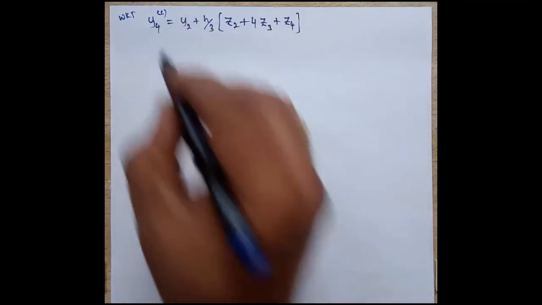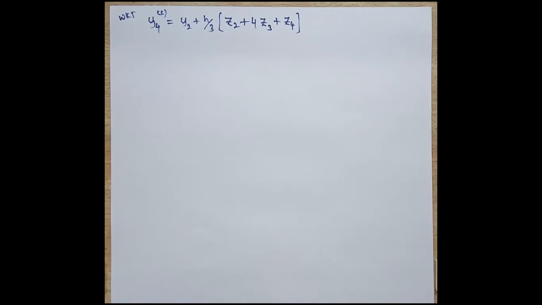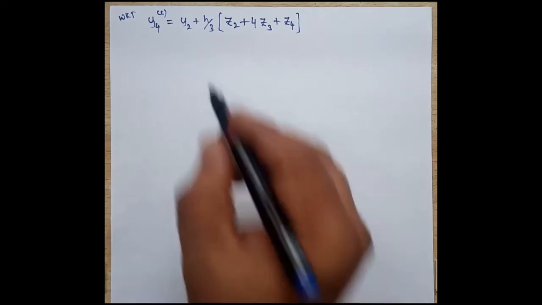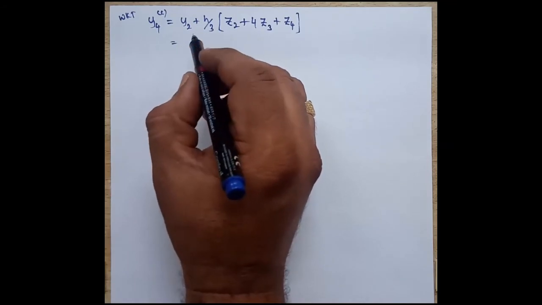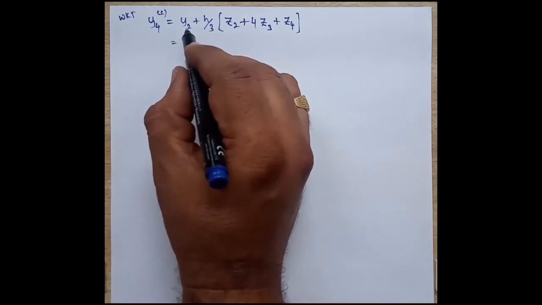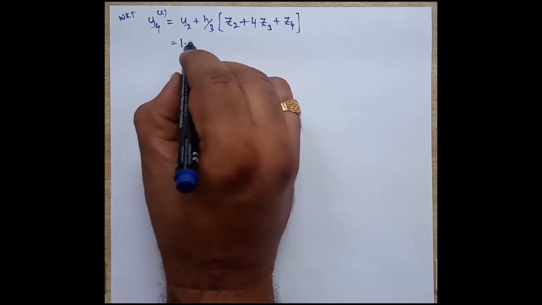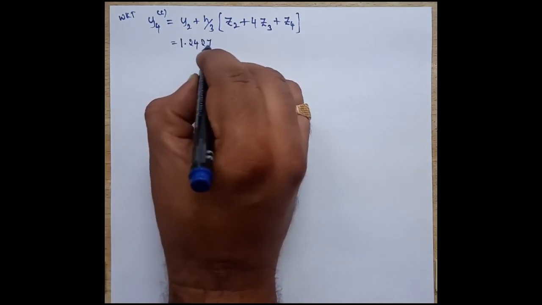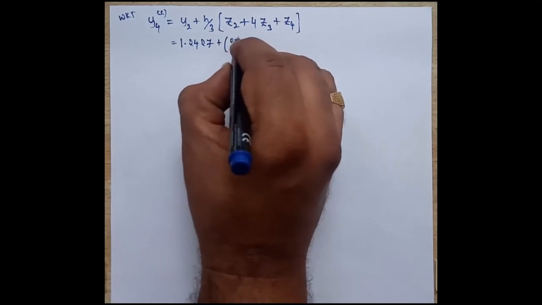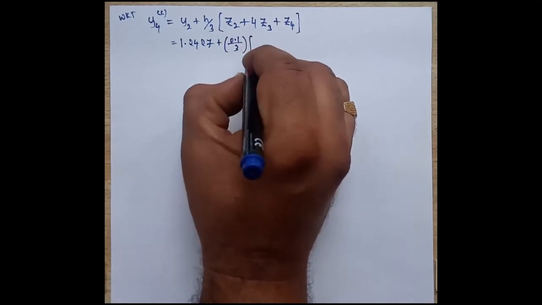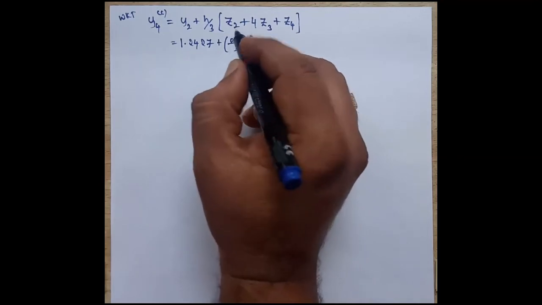So this is the corrector formula for Y, Milne's corrector formula. You can substitute the values. This is equal to Y2. What is Y2? Y2 is 1.2427. You can see the table and write. Plus H, you know H is 0.1, so 0.1 by 3 into this is Z2. So see the table and write.